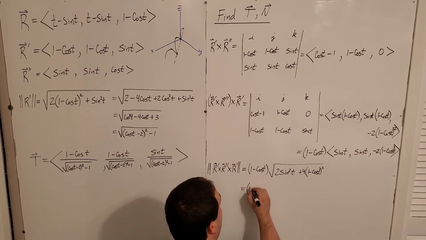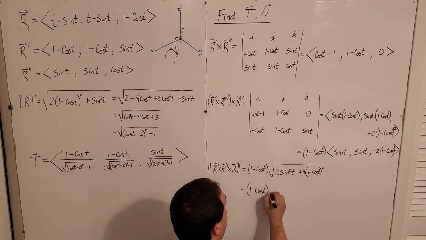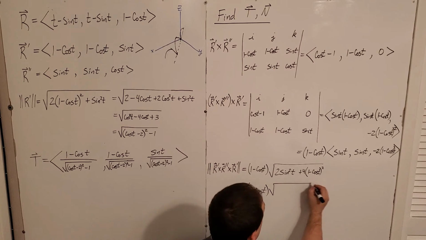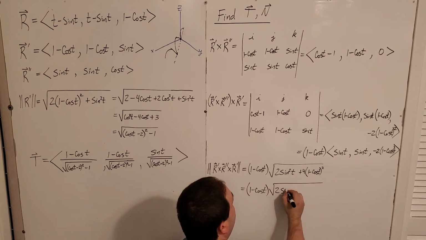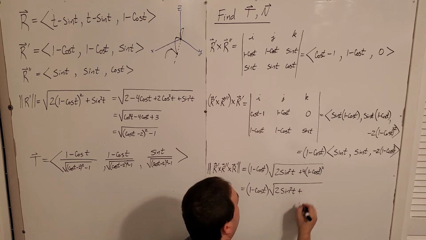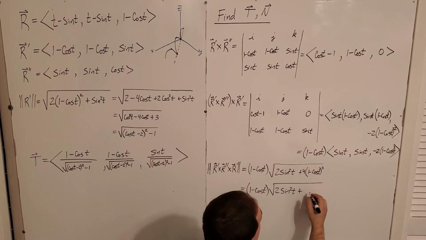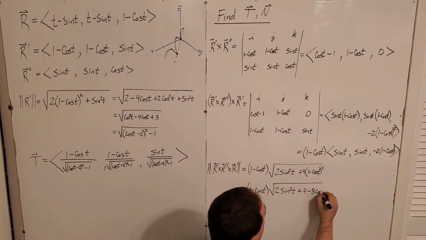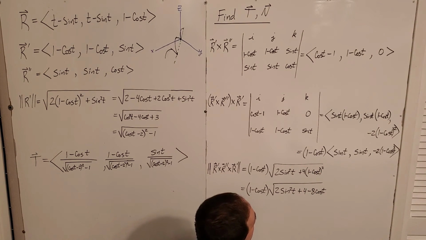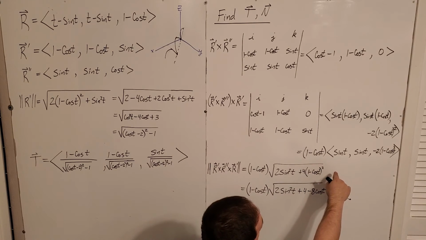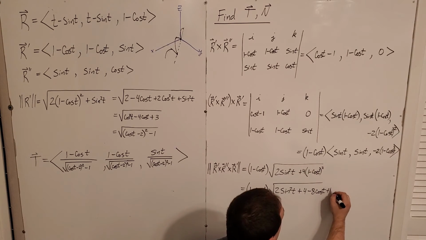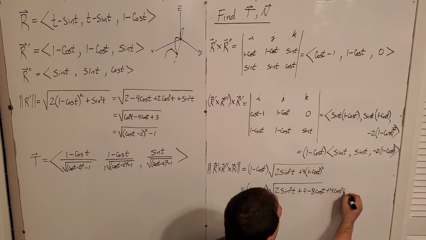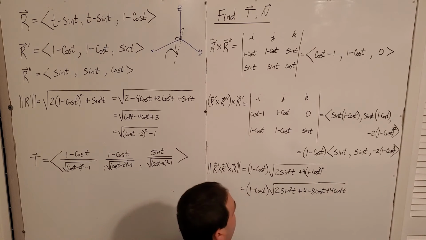So let's see, 1 minus cosine t, square root of 2 sine squared, and then I've got 4 minus 8 cosine and plus cosine squared, so plus 4 cosine squared right there.